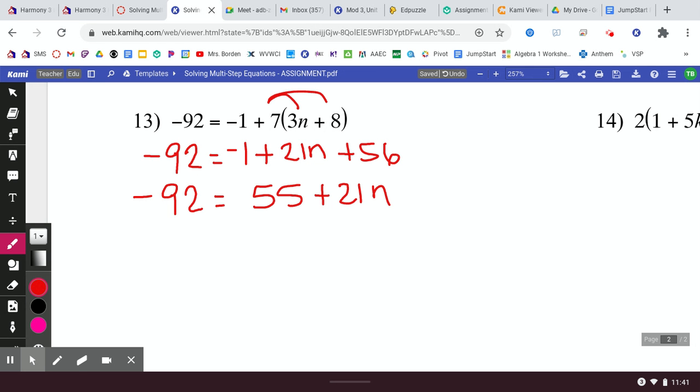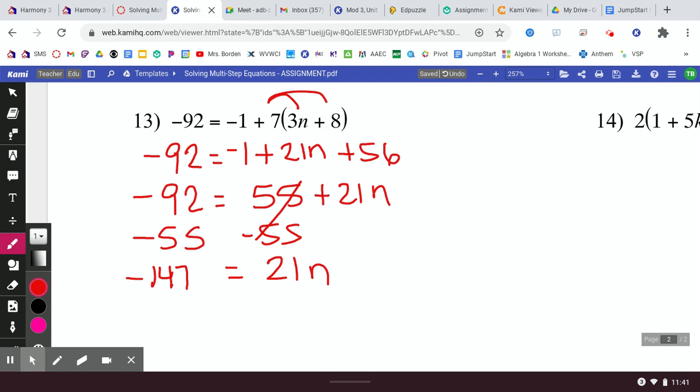All right, what's next, Bryce? Good. And that leaves us 21n, and what's it leave us on the left? Close. 147. Yeah. Negative, negative goes deeper negative.